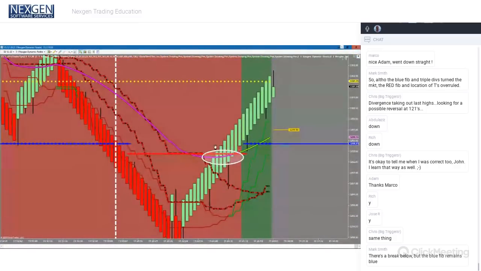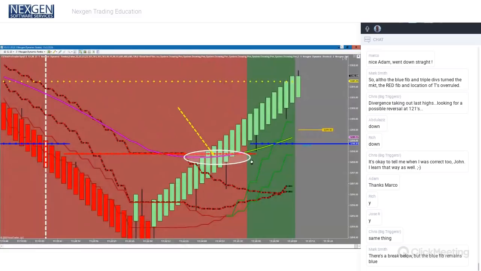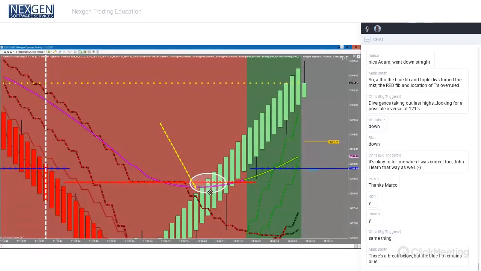Look, if you got short right here, you're going to have to ask yourself a serious question. And if you got short right there, look, I'm cool with it. You have to ask yourself a serious question if you're short. What's the question? Should you remain short after your fibs change colors and everything's green and going up?